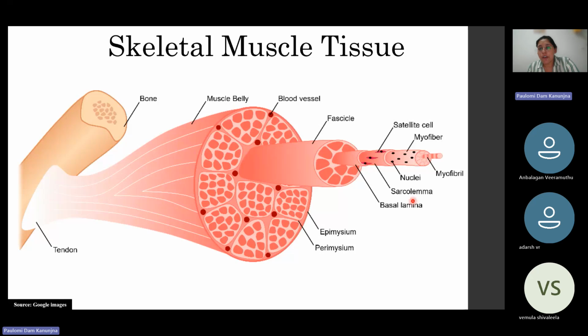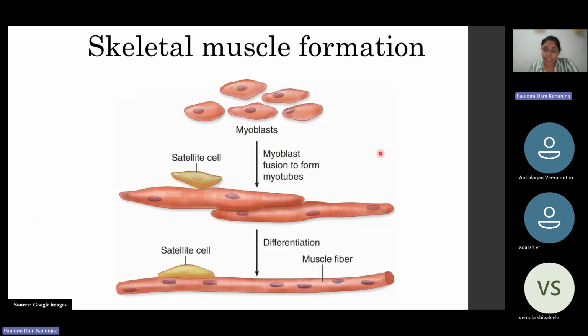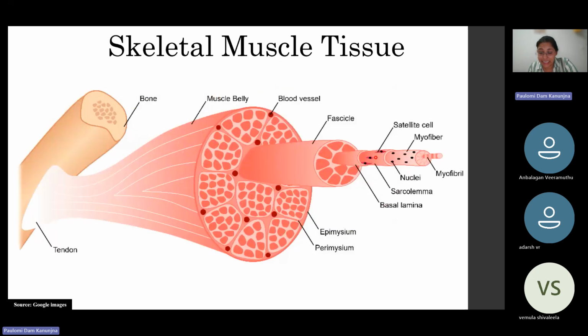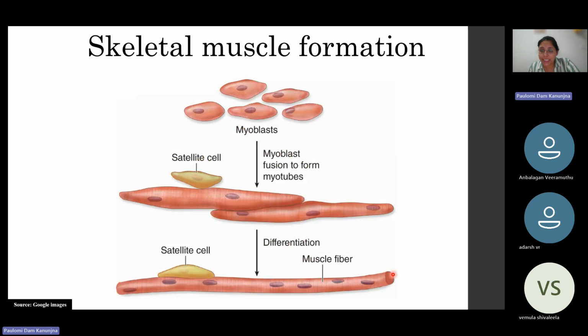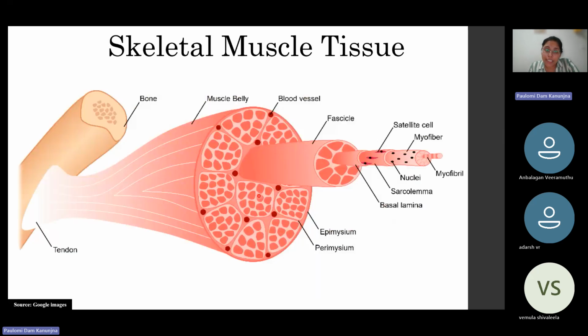Those are surrounded by basal lamina. You have sarcolemma, and the satellite cell that you just saw in the previous slide is present inside this. So what we are seeing here is basically this. Multiples of these together form up the muscles that we see, right?